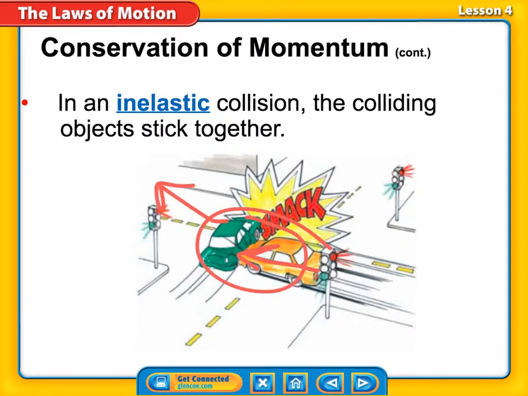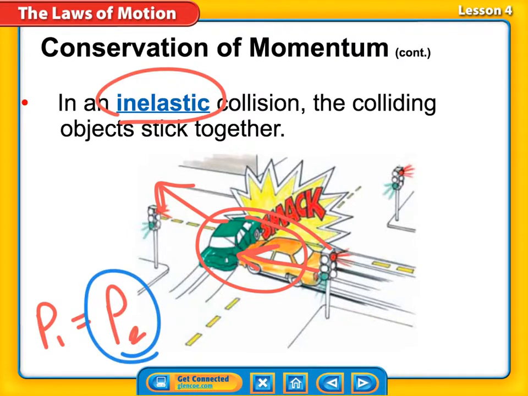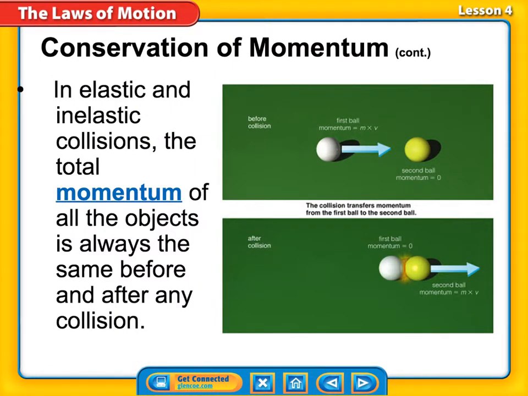That's what we call an inelastic collision. The total momentum will still be the same. The momentum of the first car, p1, will equal the momentum of both cars together at the end because they're then considered one object. In both elastic and inelastic collisions, the total momentum of the objects is always the same.